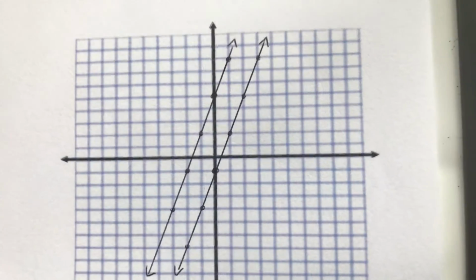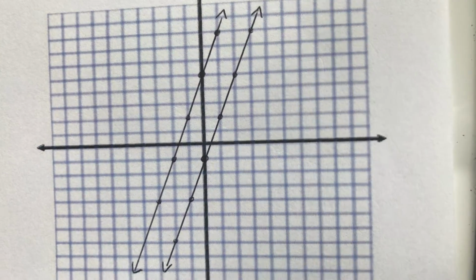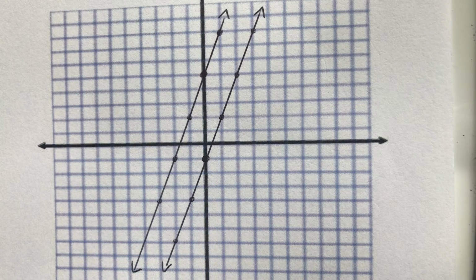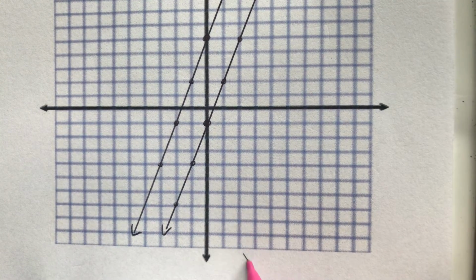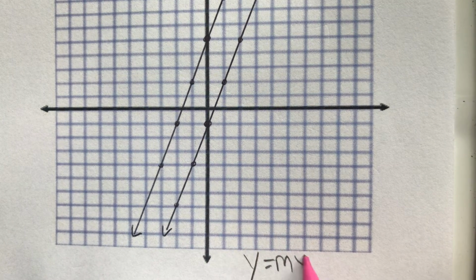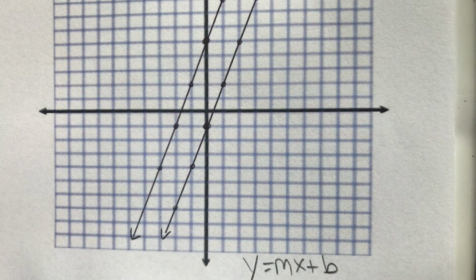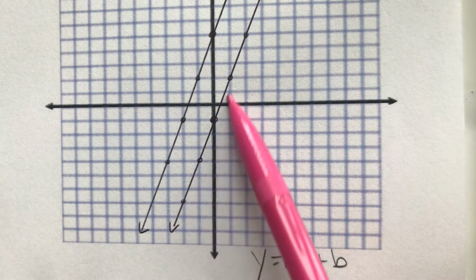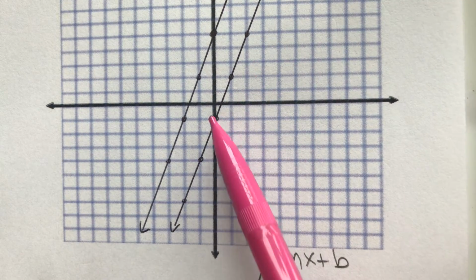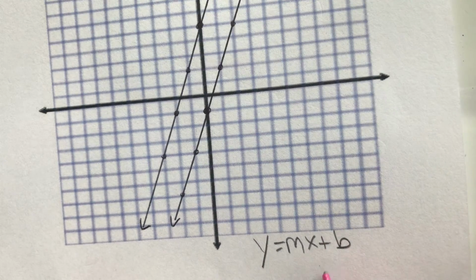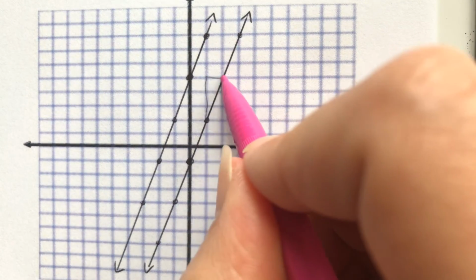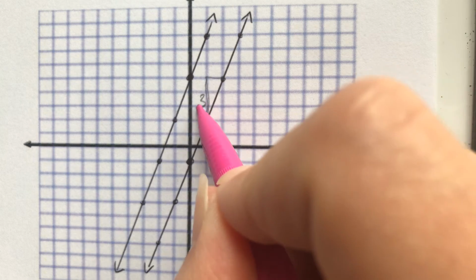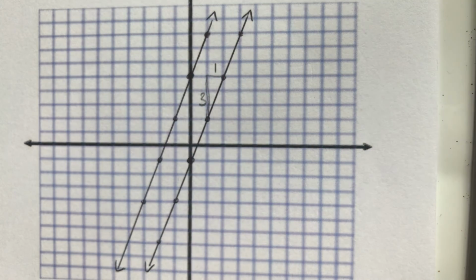Last one. Okay, I'll do my work down here again. y equals mx plus b. We want to find the equation of these lines. Take a look at the bottom one first, crossing here at -1. Slope triangle we're going to look at here: it's rising 3 and going over 1.